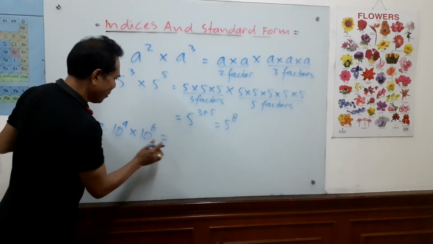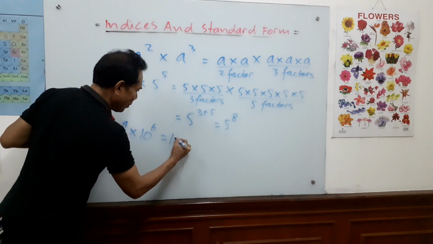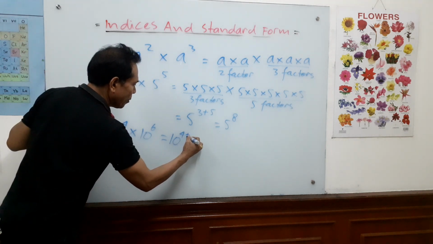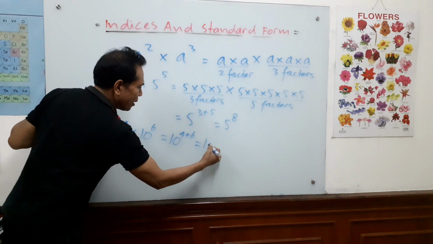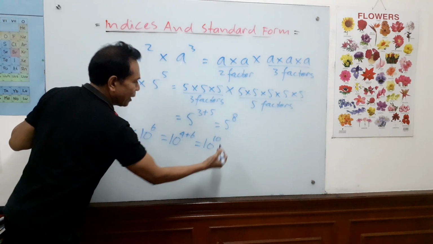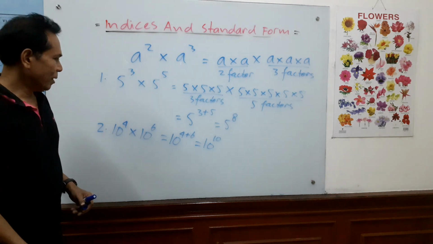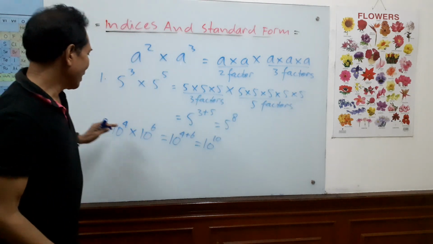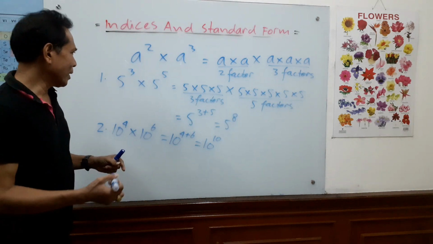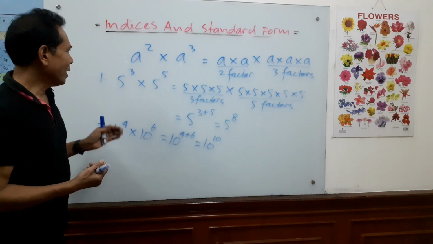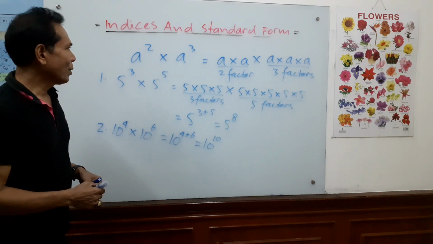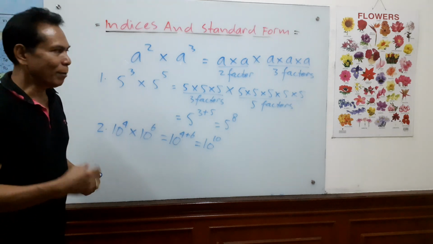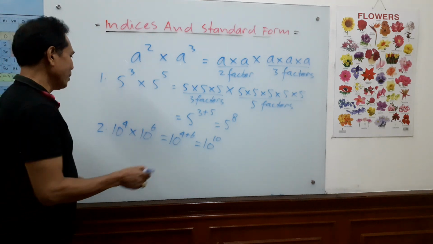The base numbers are the same, so you put 10 power 4 plus 6, which equals 10 power 10. Once you understand the formula, a power m multiplied by a power n equals a power m plus n.